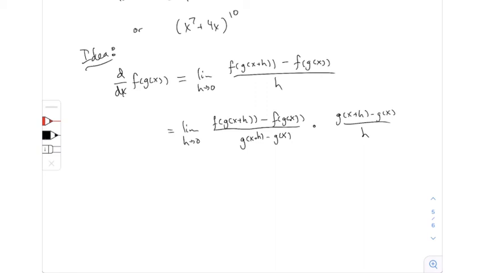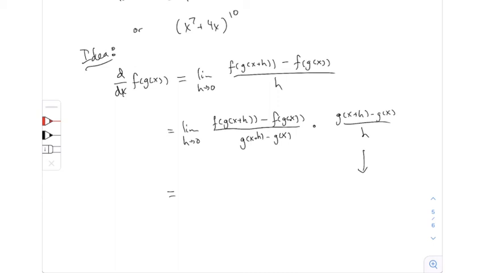But anyway, if you look at the two parts of this thing, if you take the limit of each part as h goes to 0, can anybody tell me what is this second part if you take the limit as h goes to 0? This part? Yeah? No, it's not 0.